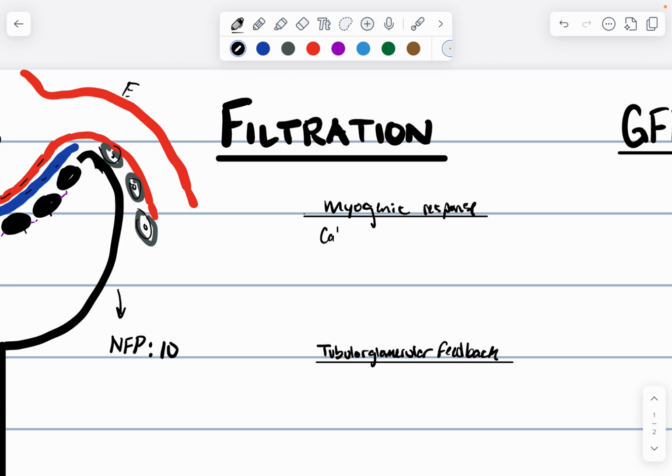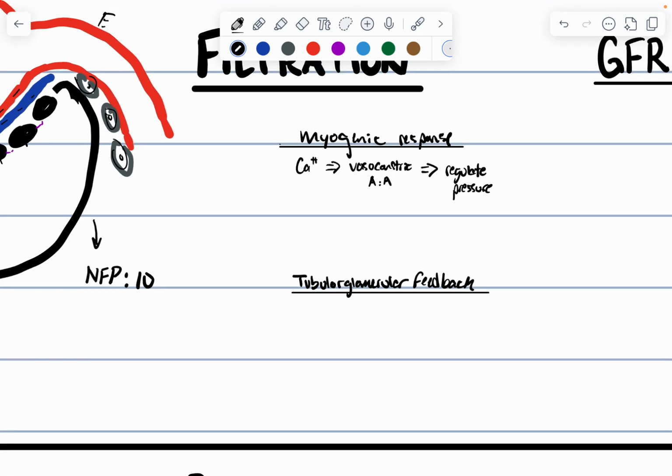So calcium channels activated causes vasoconstriction in the afferent arteriole, and that is going to regulate pressure in the glomerulus. So that's one way we regulate pressure.